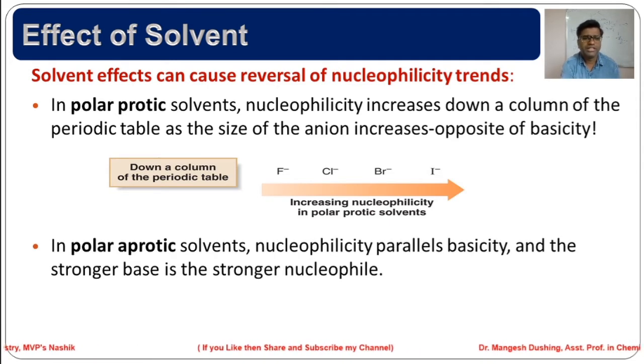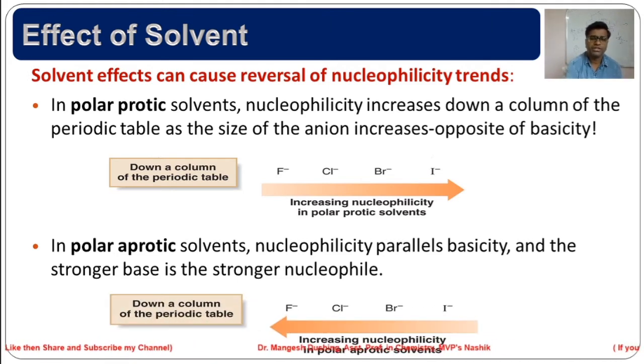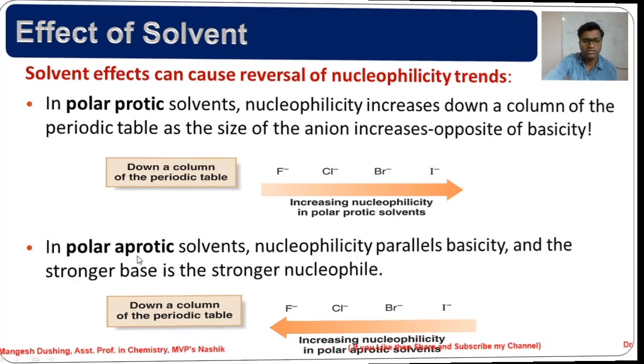While in polar aprotic solvents, nucleophilicity parallels basicity, and the stronger base becomes the stronger nucleophile. So here F minus is more nucleophilic than I minus in polar aprotic solvents.